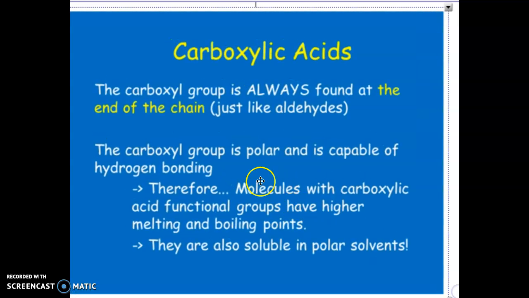Okay, so looking at carboxyl groups, they're always at the end of a chain, or I guess you can think of it as the beginning of a chain. Just like how aldehydes were, the carboxyl carbon is assumed to be carbon number 1. So let me show you an example before we start talking about intermolecular forces.